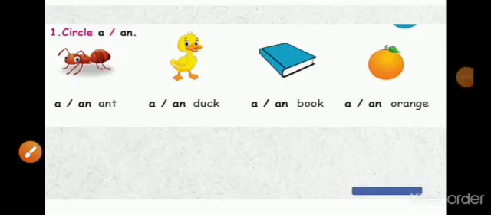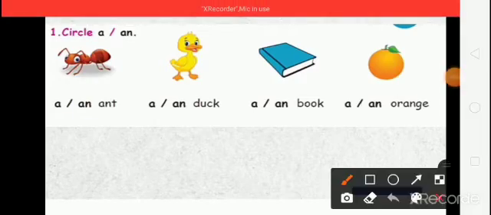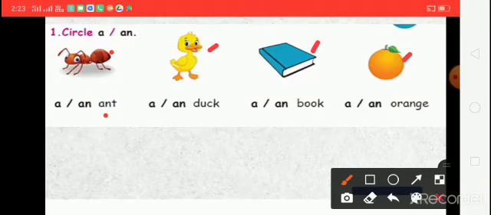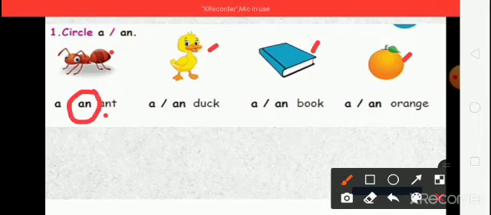Circle a or an. First picture: ant, duck, book and orange. Ant. What sound? Is it a vowel sound or a consonant sound? Vowel sound. So circle an. An ant. Next one, duck.